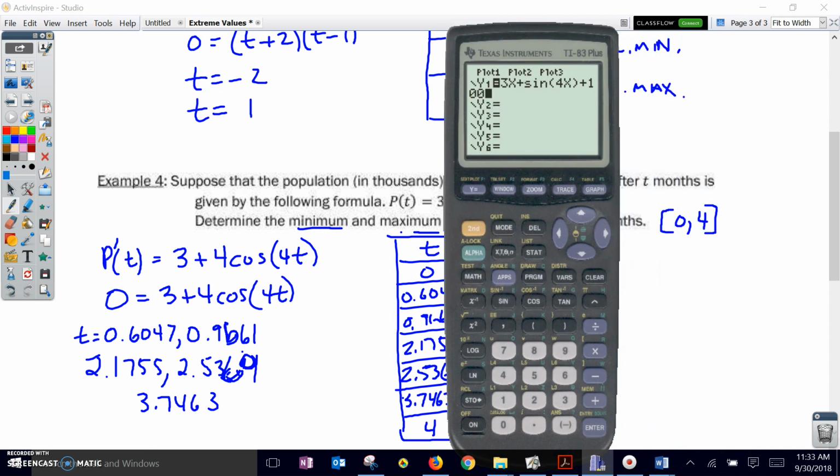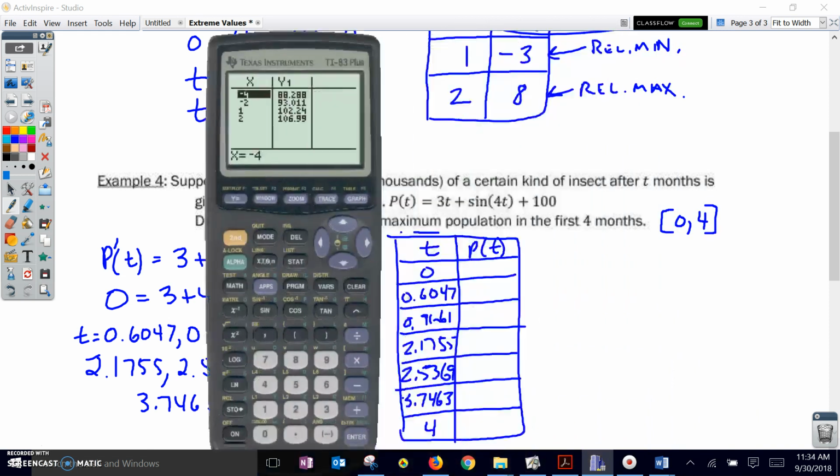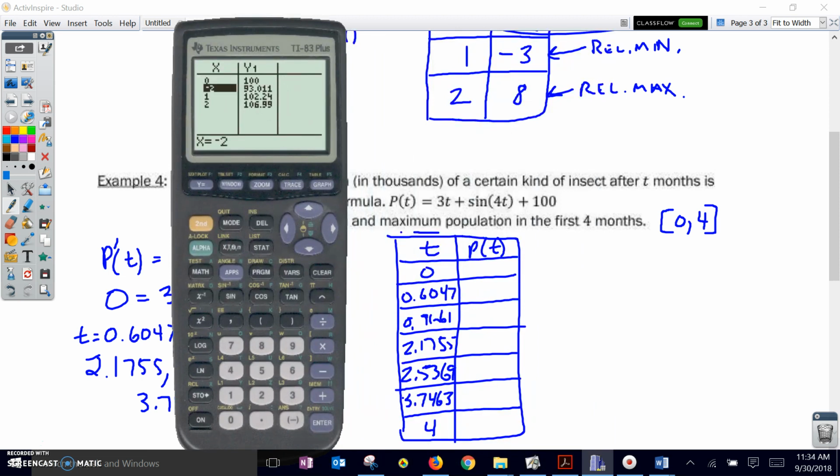Okay, and I still have my table set to ask, so I'm going to go ahead and just type in the values: 0.6047, 0.9661, 2.1755, 2.5369, 3.7463, 3, and 4.